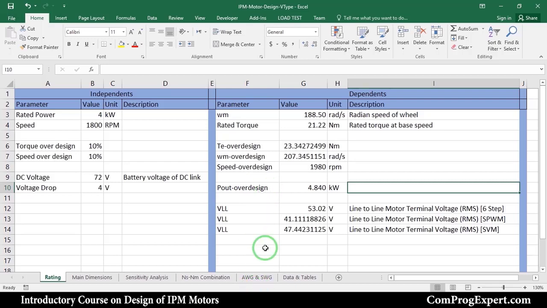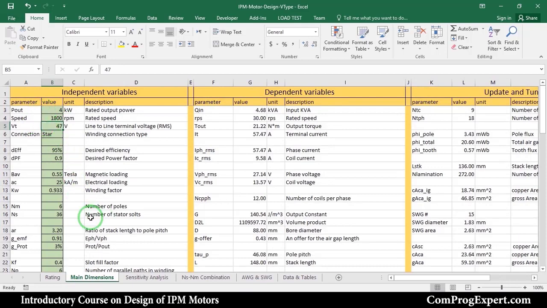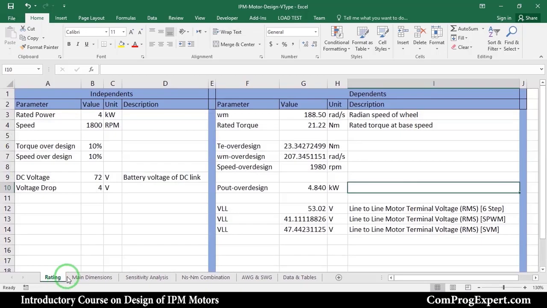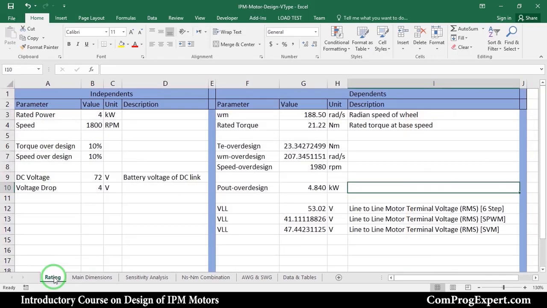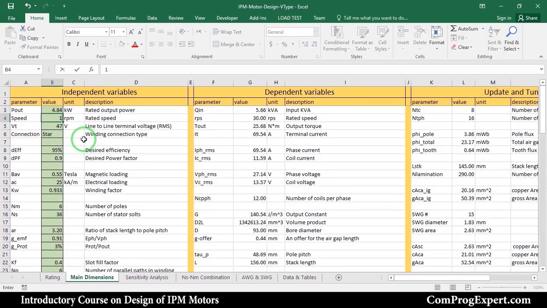So I set these cells equal to these numbers: 4.84, 4.84, and 1980 as rated speed. So the motor dimensions will be calculated considering this operating point.